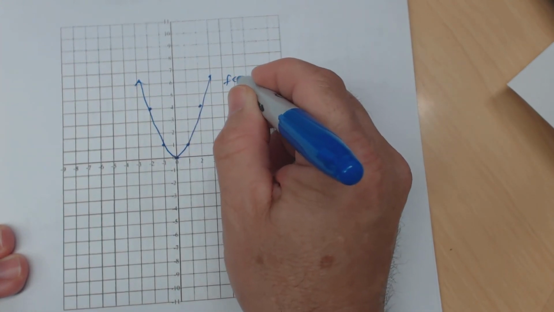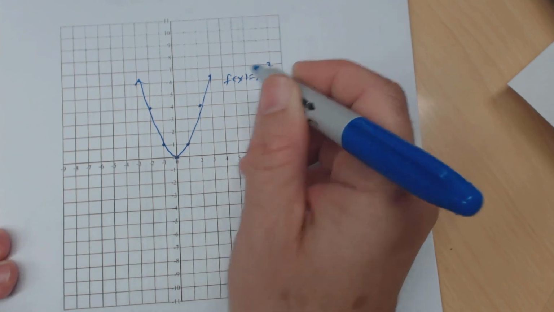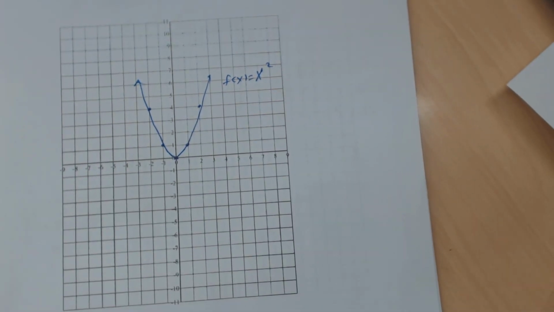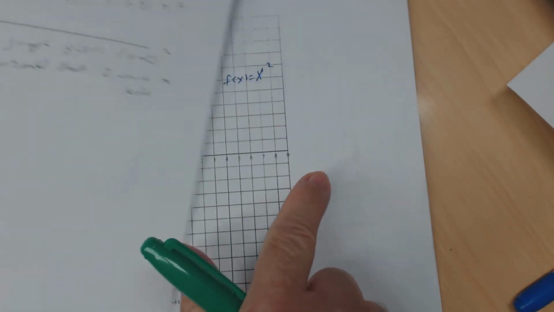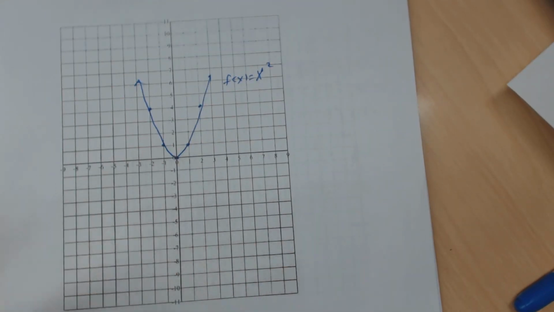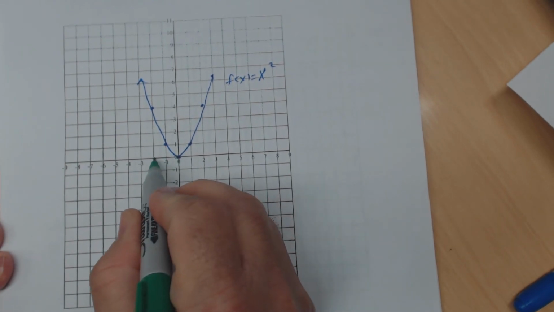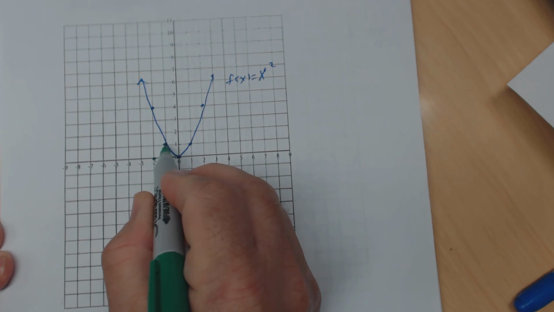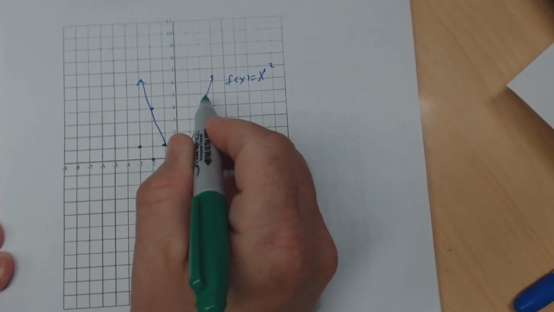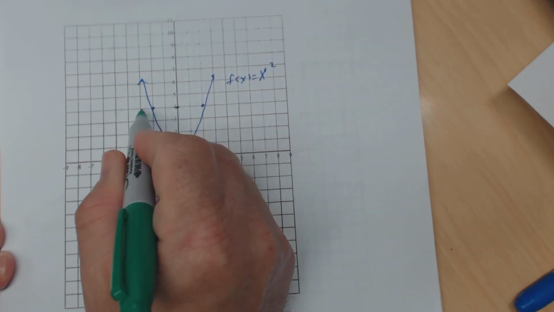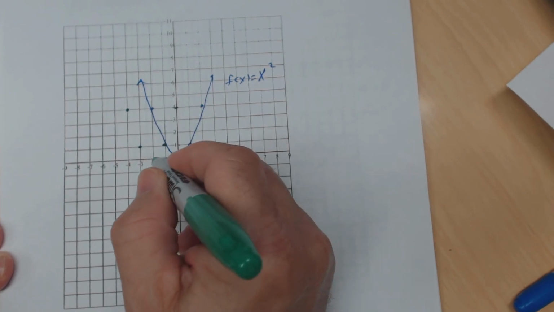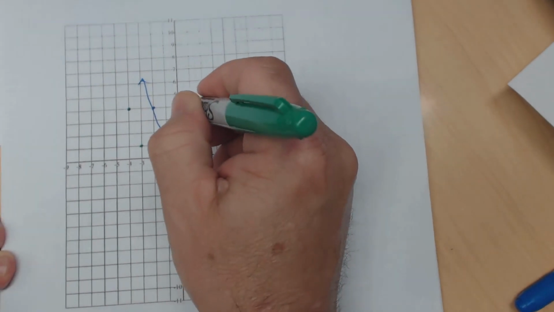So that is f of x equal x squared. And then to graph this function, g of x, you're going to take each of those points and shift it to the left 2 units. So here's what you do. You just go 1, 2, 1, 2, 1, 2, 1, 2, and then 1, 2. And then you just connect it just like this.